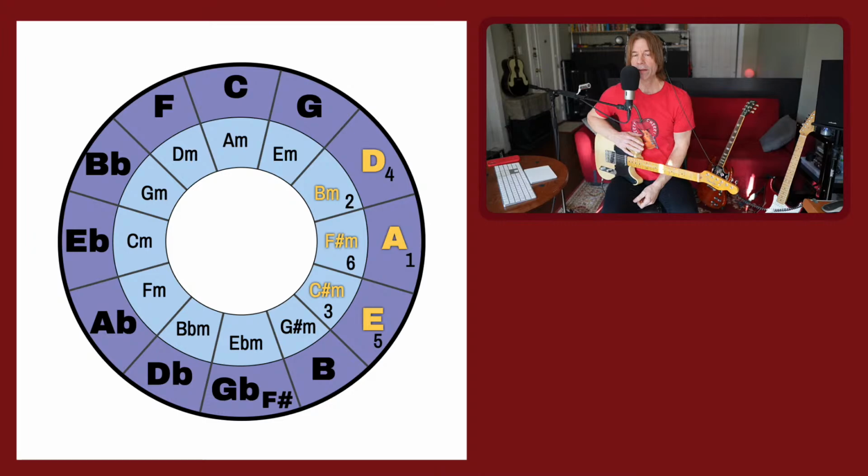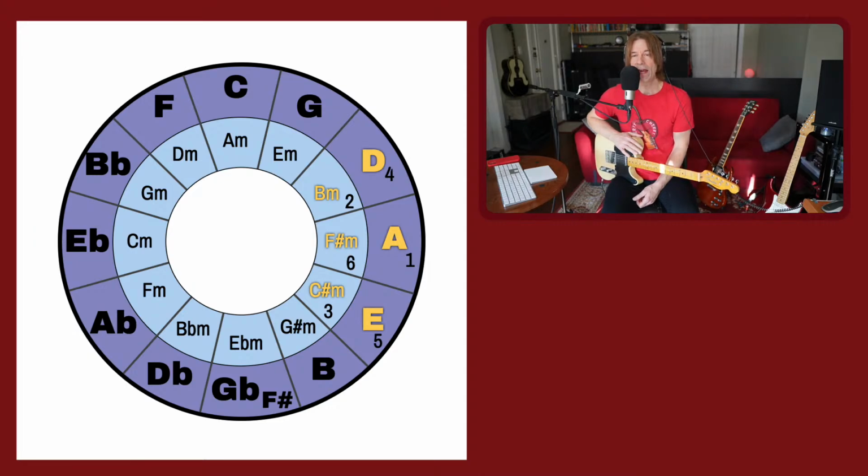You can look at it a couple different ways. You could look at it as a 6, 1, 2, 3, and that's good to look at it like that. But in all reality, the F sharp is going to be the 1 chord now because you're in F sharp. That's the tonic now of this progression. So we're going to look at the F sharp minor as the 1.